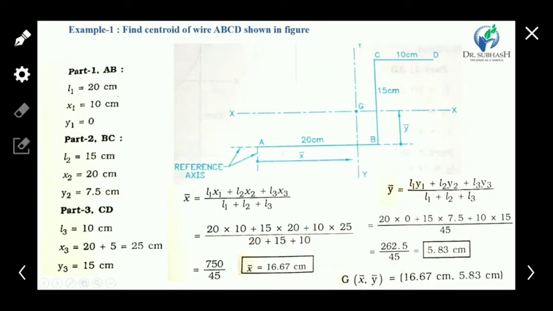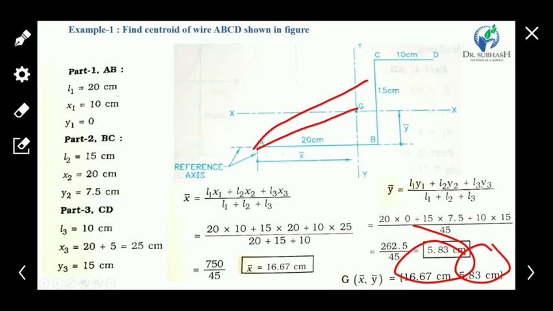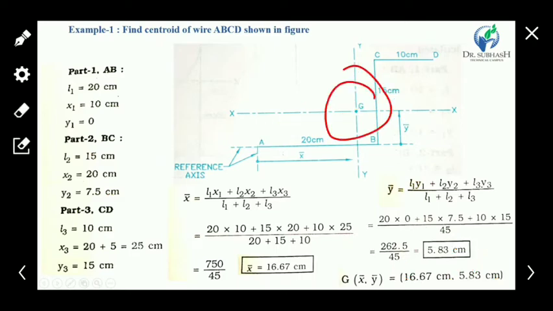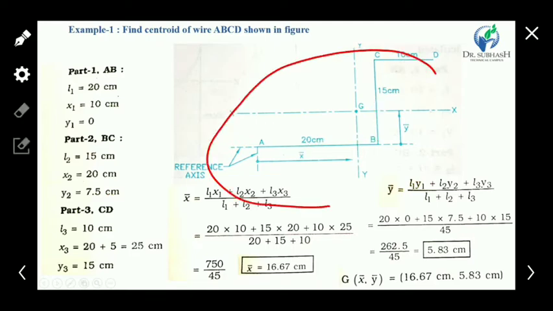These are 16.67 and 5.83 centimeter from reference point A. It is mentioned here. G point is the centroid of this composite element. Composite element means it's made with a number of wire elements. So this composite element is made with 3 wire elements. Okay, so it's called a composite element.